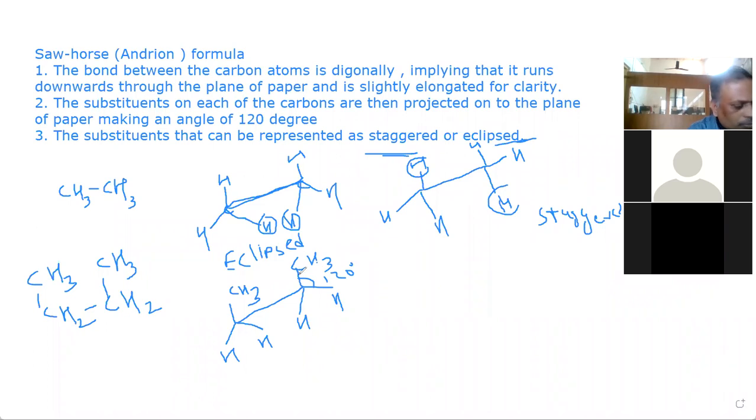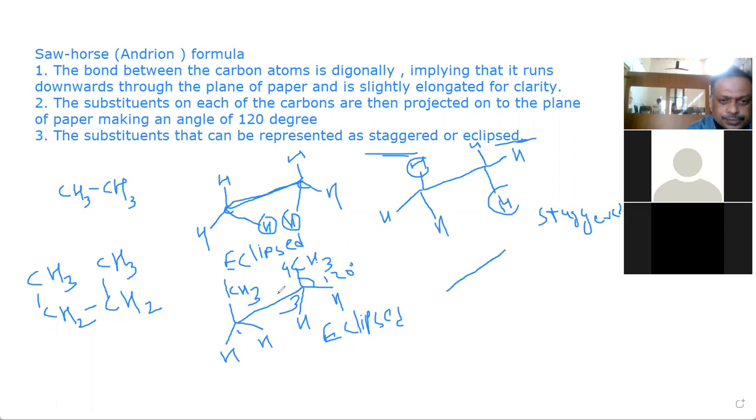One, two, three, and four. This is eclipsed conformation.